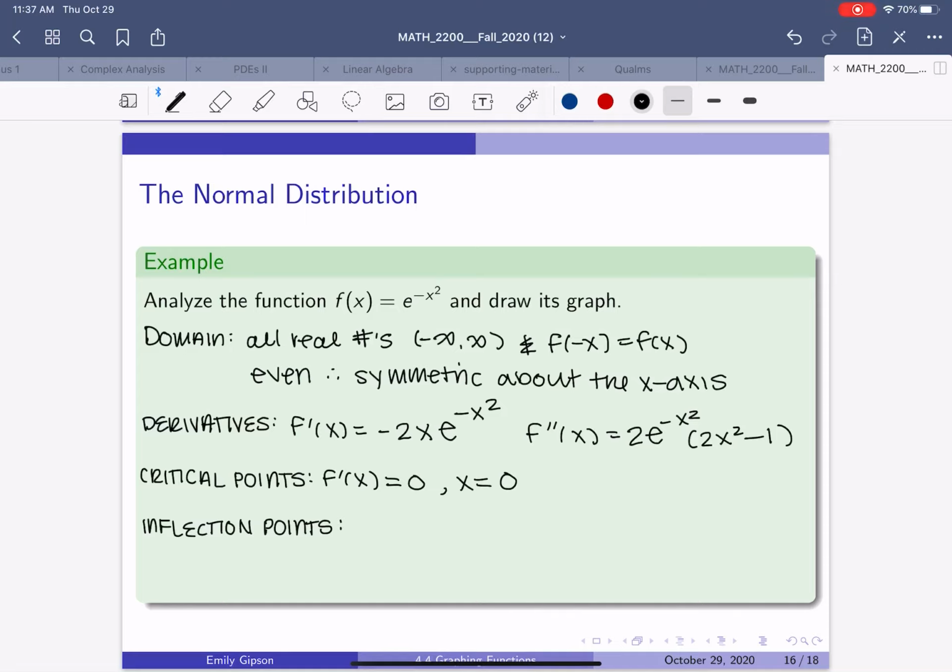Next, let's talk about inflection points, and that's going to be where our second derivative equals 0. And again, because nothing we plug into this portion will get 0, we need to solve this for 0.